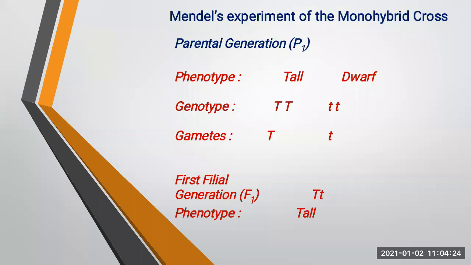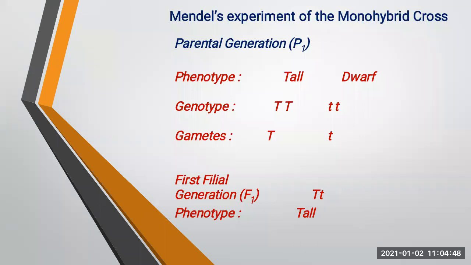In germ cells, meiosis takes place, and in meiosis cell division, you know that the number of chromosomes becomes haploid, isn't it? They become half. So here the gametes you will get are only one capital T from the tall plant and small t from the dwarf plant.